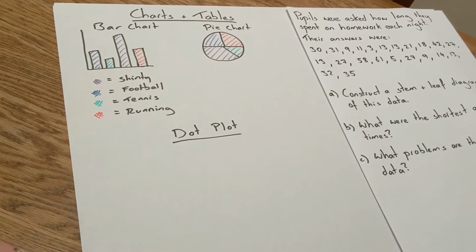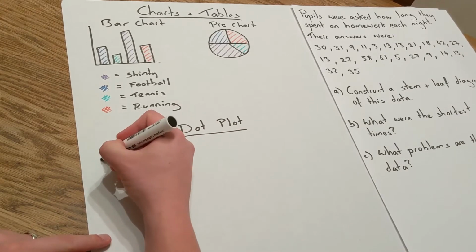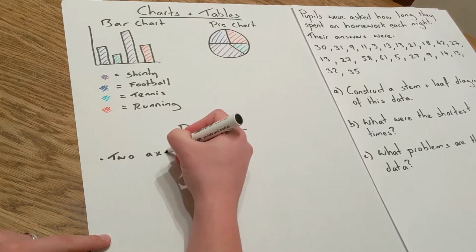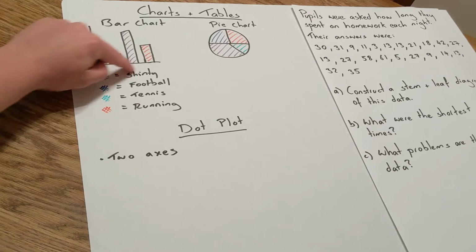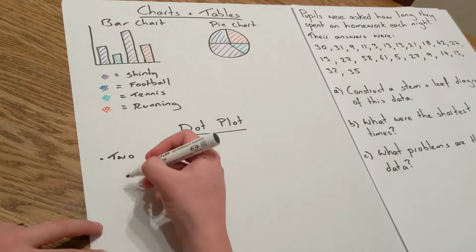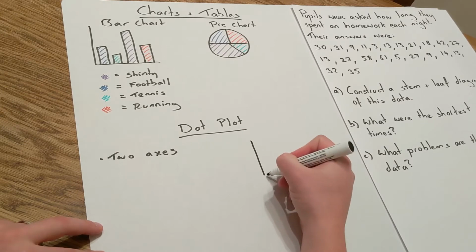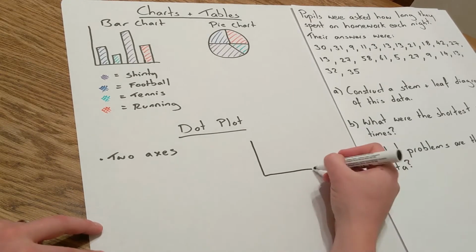And so, just like a bar chart, a dot plot is going to have 2 axes. So your axes are these things here and there. So your dot plot is going to have 2 of those. And we could label both of those.